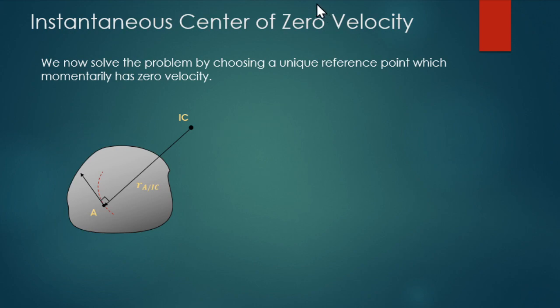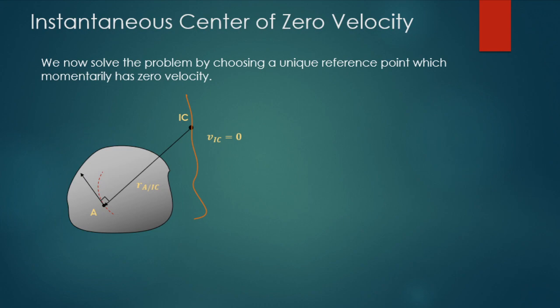So by zero velocity, that is the instantaneous center. So if the line of action passes through the instantaneous center, the instantaneous point, then at that point your velocity IC is equivalent to 0.